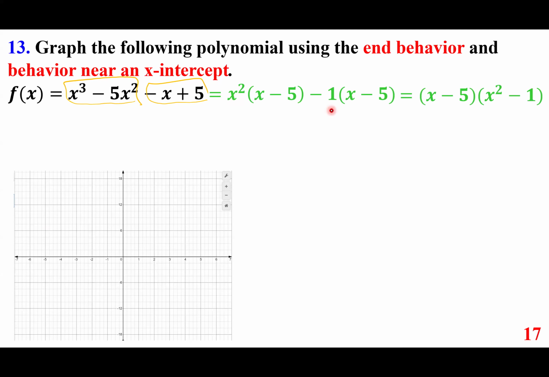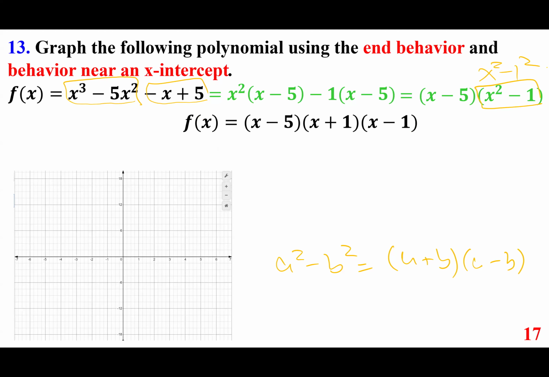From this one, minus 1. As you know, a squared minus b squared is a minus b, a plus b. I'm reminding you, a squared minus b squared is a plus b, a minus b in any order. And this is x squared minus 1 squared. So we write it in this fashion.